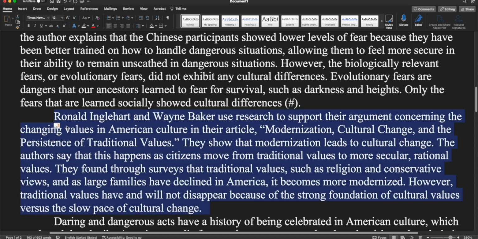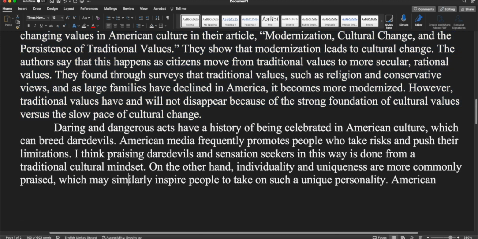And then this is an argument about the culture of the United States and how United States culture is trending towards something that is generally more secular, more Enlightenment rationality, although I don't know when this article was written. I think that's reversing. But that there's a strong foundation of traditional values and we're not likely to see a ton of change.